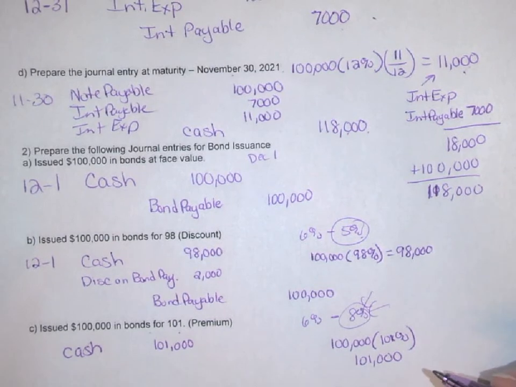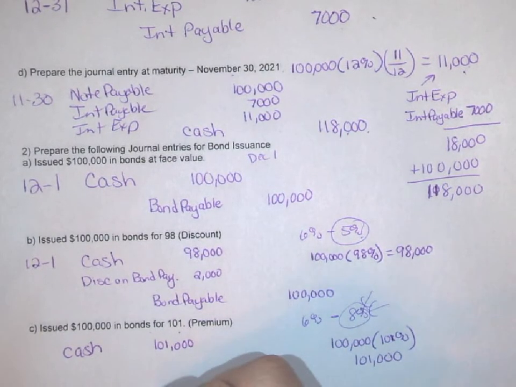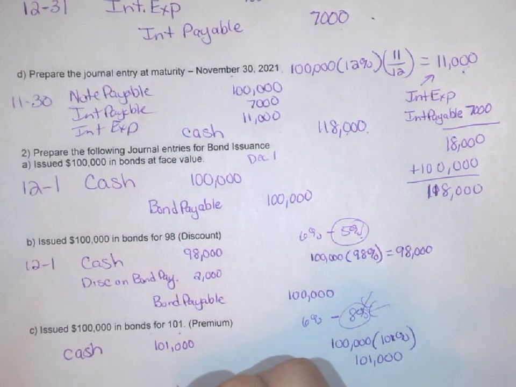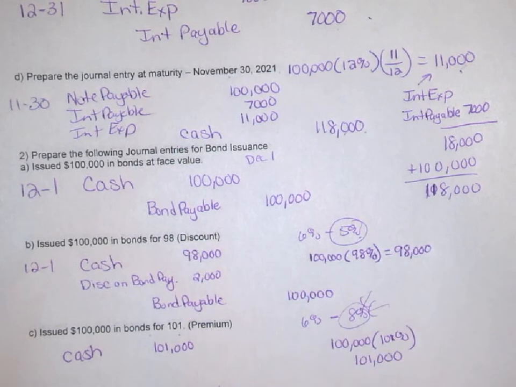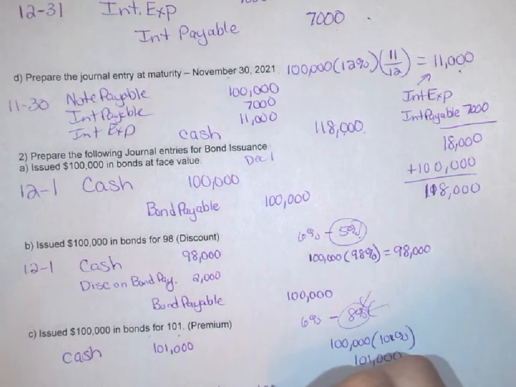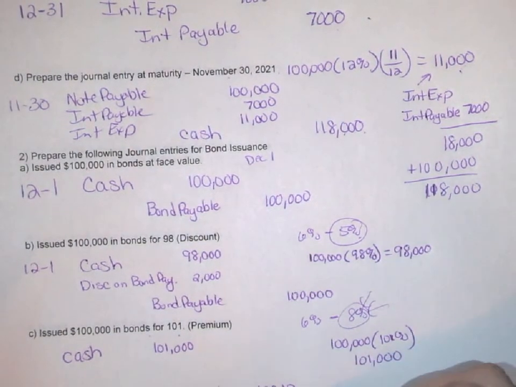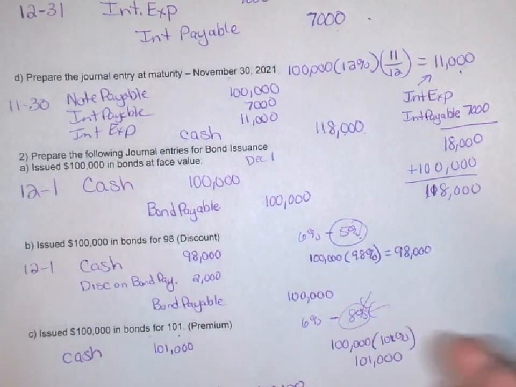The other thing that we're looking at here is our bond payable, and our bond payable is going to be figured in at still that $100,000 amount.